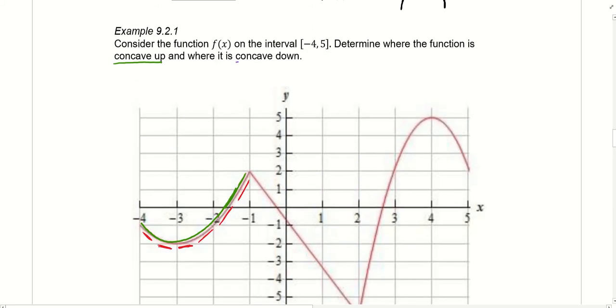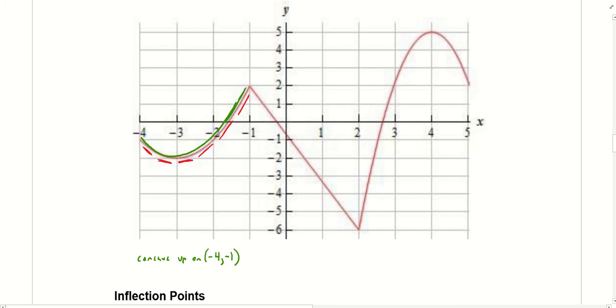What about concave down? Concave down makes a frown, or it's like an umbrella. If you were to dump water from the top of this picture down, concave down would shade you rather than cup the water. So if we think about concave down, it looks like from x equals 2 all the way to the end there, x equals 5, we have a concave down shape.